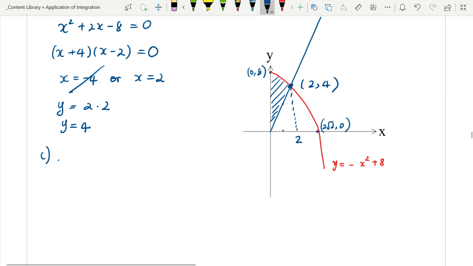We can see this area is the area between the curves. This is not bound by the x-axis and the graph. It's bound between the two graphs. And we can see the red one is on top. So it's minus x squared plus 8 minus 2x, between 0 and 2, the intersection.